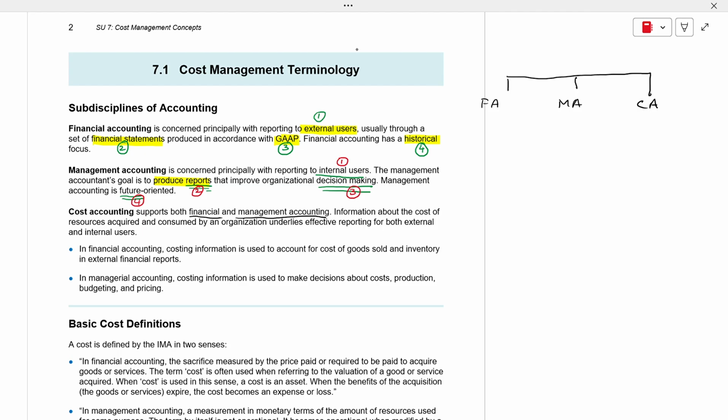We are talking about cost accounting with respect to the cost of resources required, the cost of resources consumed, which underlies effective reporting. It helps both external users and internal users. So you put cost accounting here: cost accounting will benefit the financial accounting, and cost accounting will benefit the management accounting.